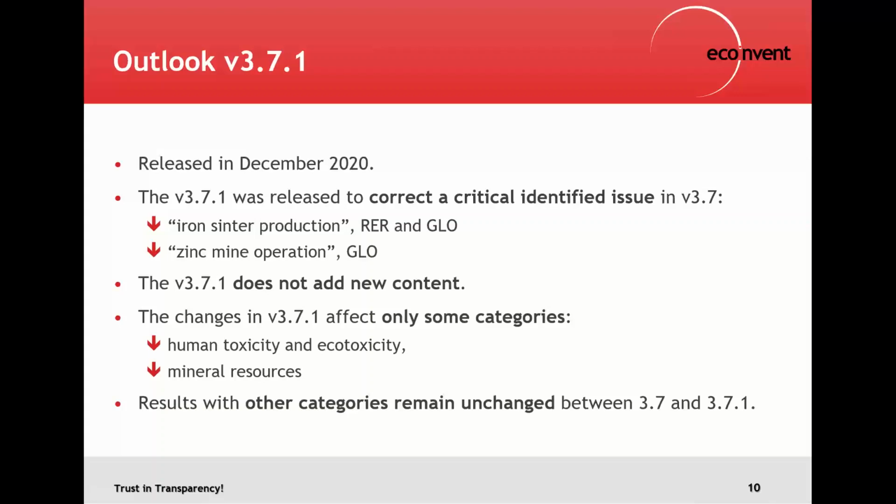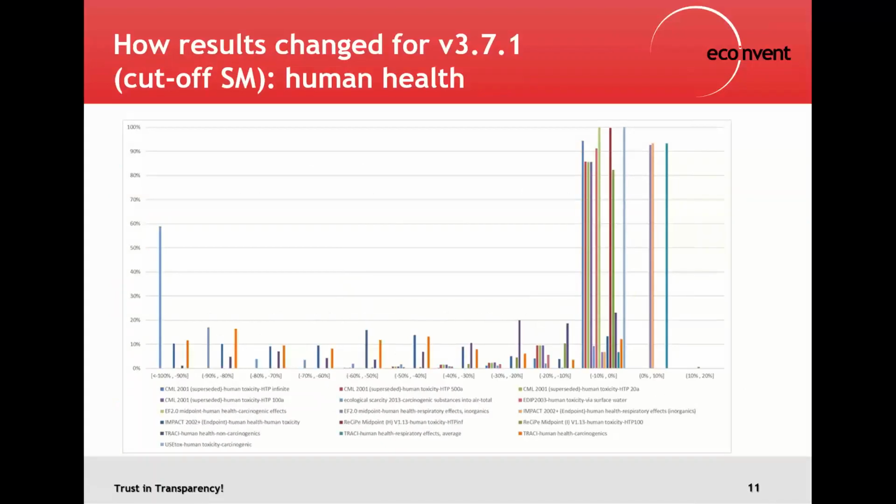But if you were working with 3.7 and you were interested in the categories that are listed here, human toxicity, ecotoxicity, or mineral resources, you should change to 3.7.1 because your results will change. And we are going to go to the details now in those slides.